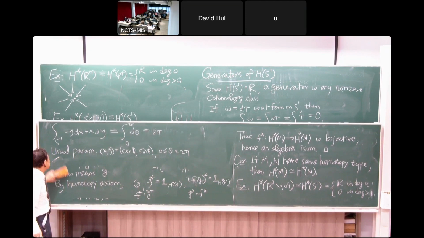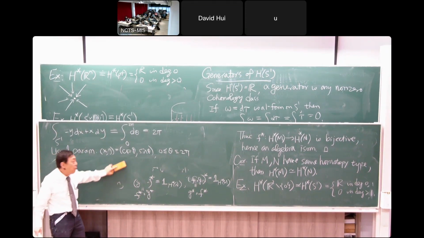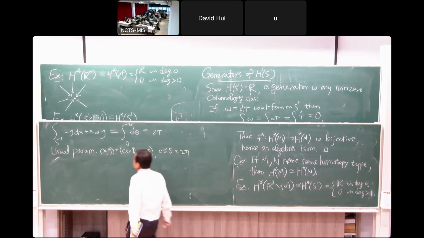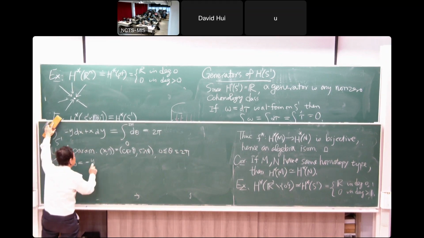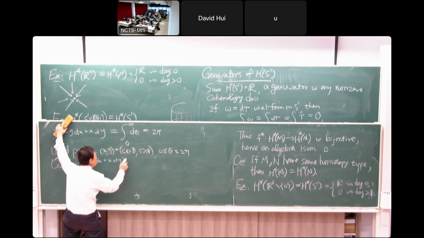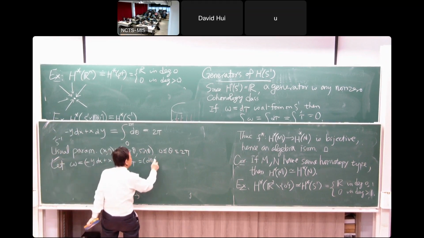But usually, we like our generators to correspond to 1. Okay? So we'll divide it by 2 pi. So let omega be equal to minus y dx plus x dy over 2 pi, and that's d theta over 2 pi.